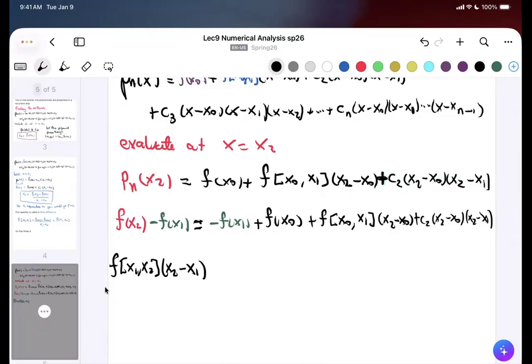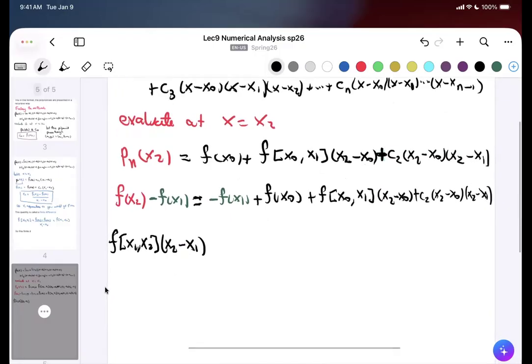Is that making sense? Yes, that's fine, because if you evaluate this, it will be f of x2 minus f of x1 divided by x2 minus x1, so the x2 minus x1 factors cancel.